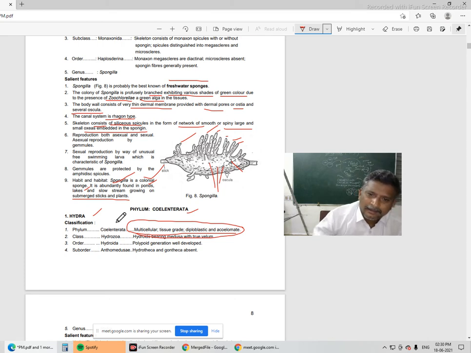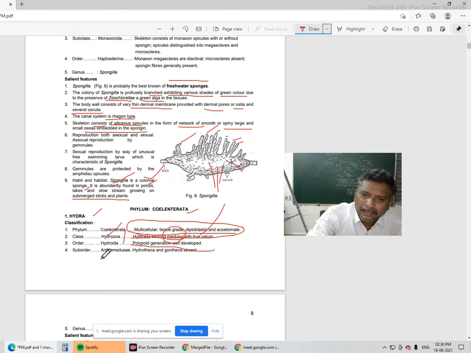Now why do we say Hydroidea or Hydrozoa? Here hydroids bearing a medusa with a true velum. The medusa has a true velum, so if there is a true velum, it is Hydrozoa. Order Hydroida: polypoid generation well developed.